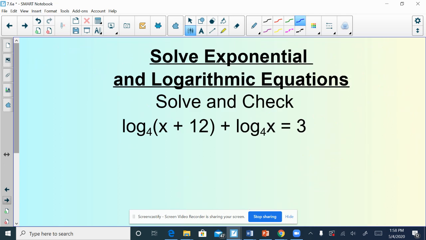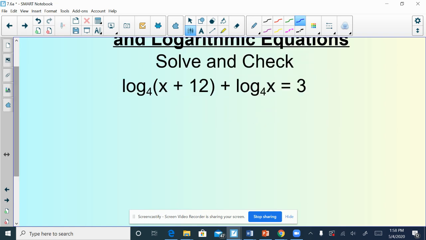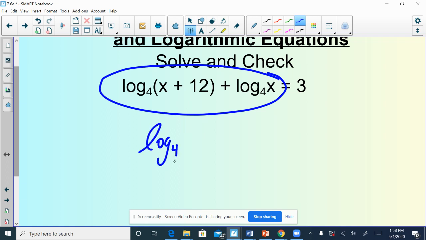All right, let's do one more of these. Same idea. This one I think should be a little easier. We have multiple logs. We need to start off by condensing them. We have a condensing property. It says that when you are adding with the same base, base 4, we can condense them to be log base 4 of, and then you multiply these things, which would give us x squared plus 12x.